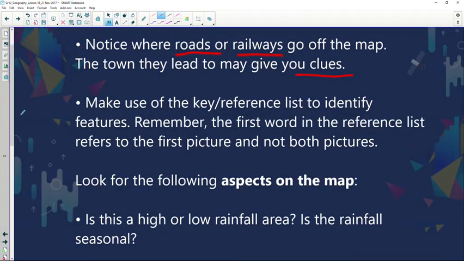now very importantly, on the bottom of your map, you will find keys and a reference list to identify certain features. It's basically pictures to show you what's happening on that exact spot on your topographical map.